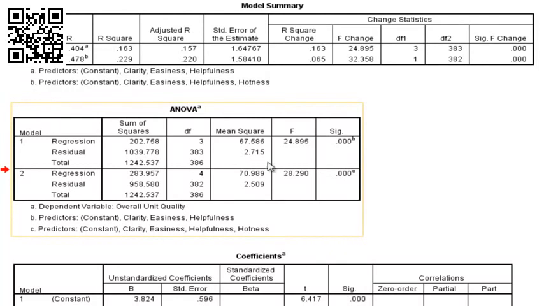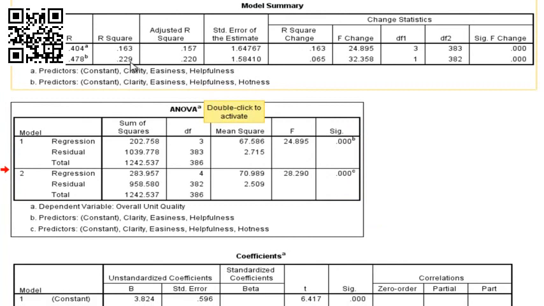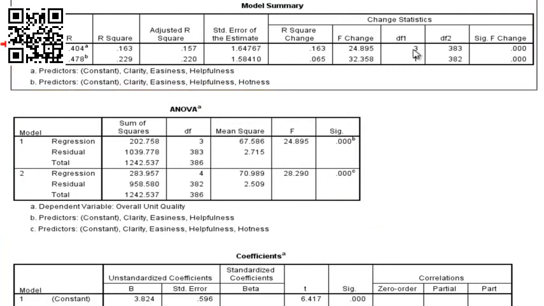And this Model 2 section of the ANOVA table is new information that is testing the hypothesis that this R squared value of 22.9% is statistically significant, because there's no F value here in this model summary table that tests the significance of this 22.9.